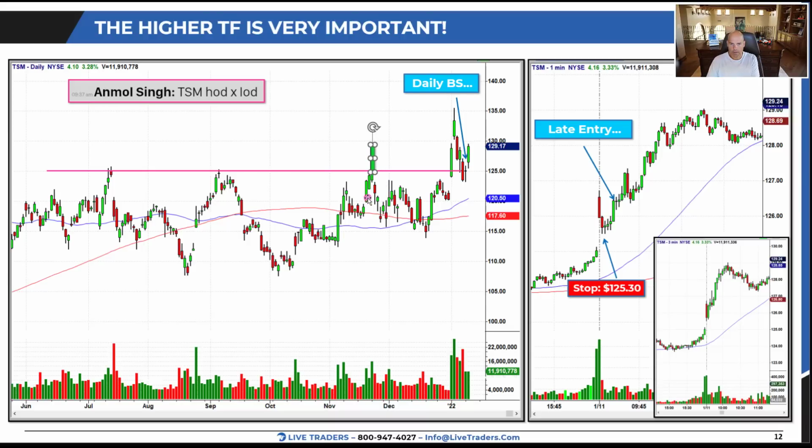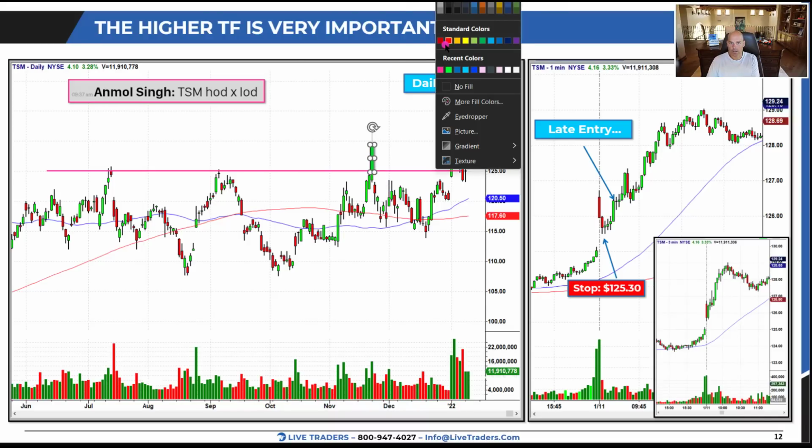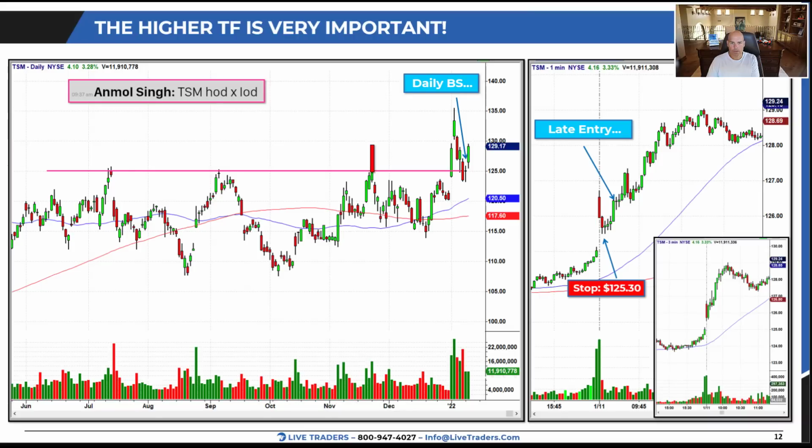Okay. Now let's change the color. Boom. That's basically what that topping tail looks like. It might be larger or smaller than that, but you understand that that red bar is sellers. That topping tail is full of sellers.